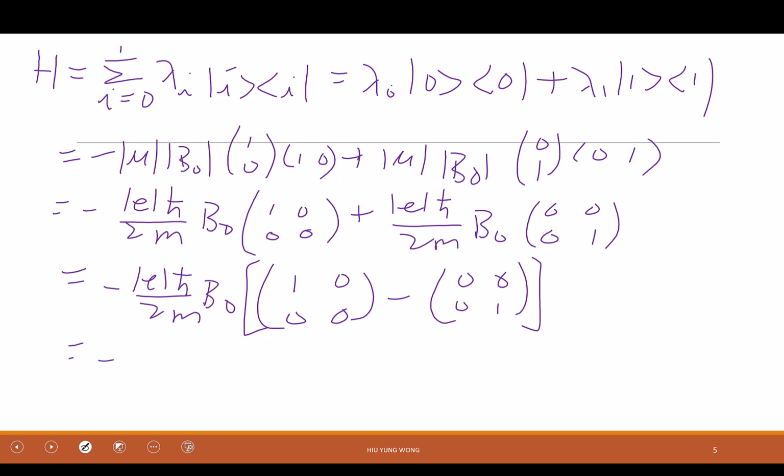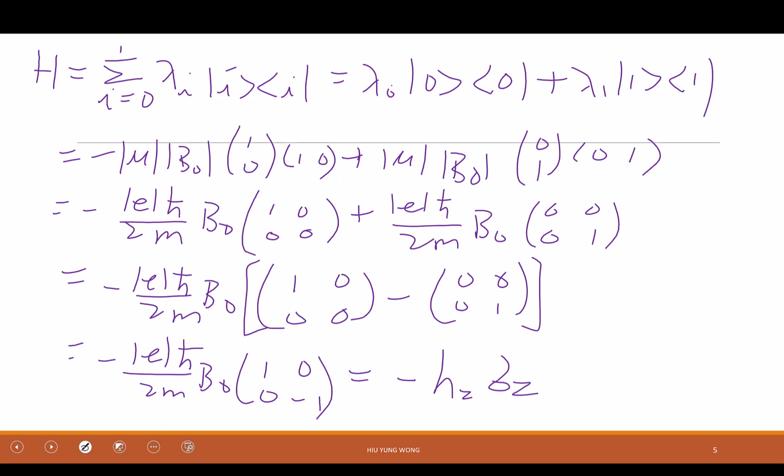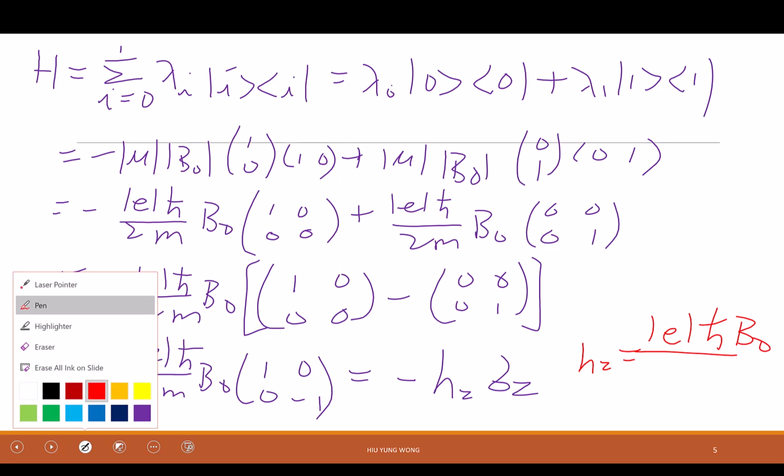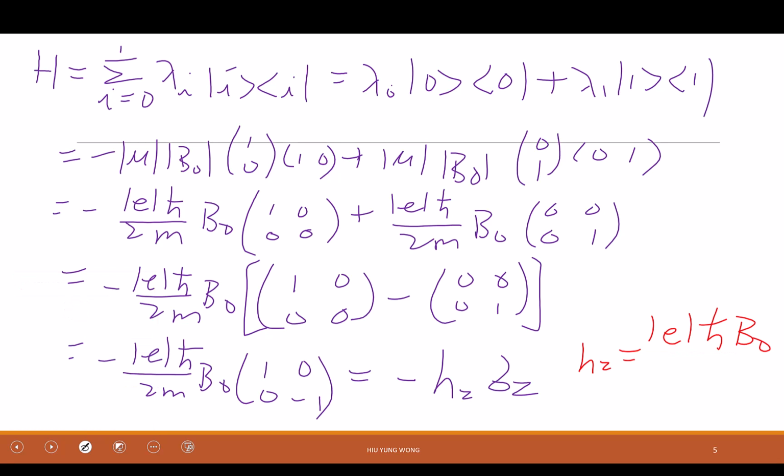So if you do one more step, clearly this is equal to B0 times the matrix 1, 0, 0, negative 1. What is this matrix? Sigma Z, excellent, right? So this whole thing I can write as H_Z sigma Z, with H_Z equal to e h bar B0 divided by 2m.